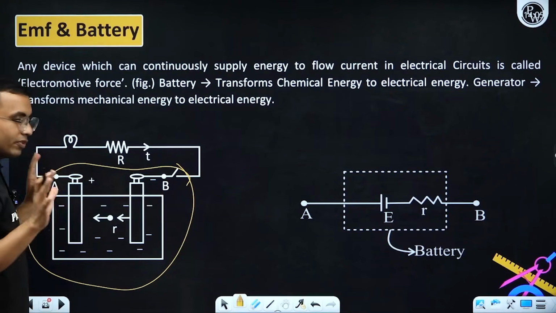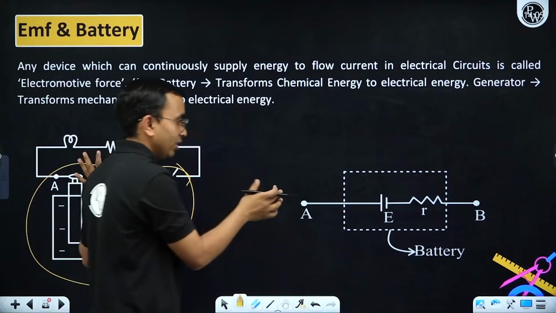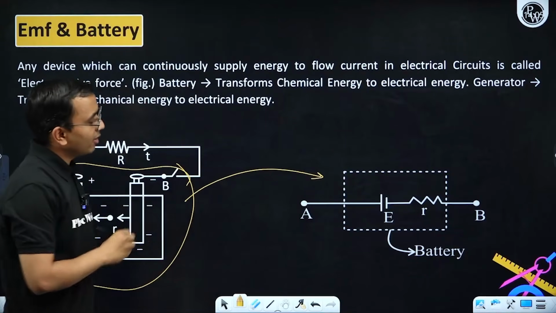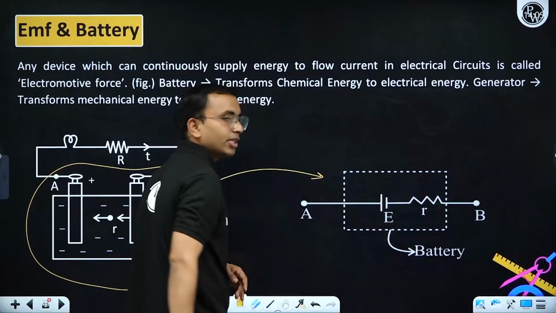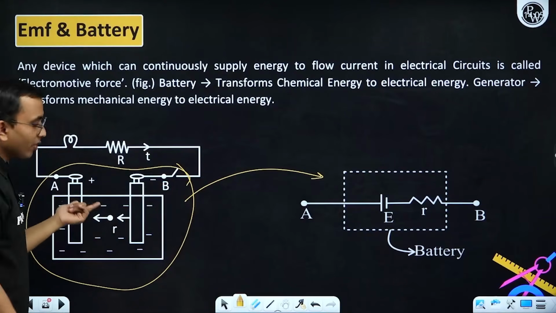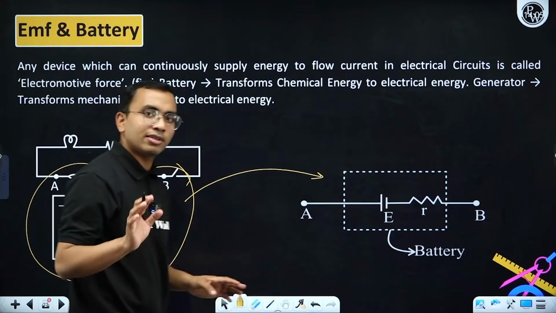Now what we need to understand from here, we need not go deep into how it is basically working. The equivalent of this is this. This is how we represent the battery. There is an EMF of the battery and there is some internal resistance also, because when the charges move here, there will be some resistance to the charges, although that resistance is low.